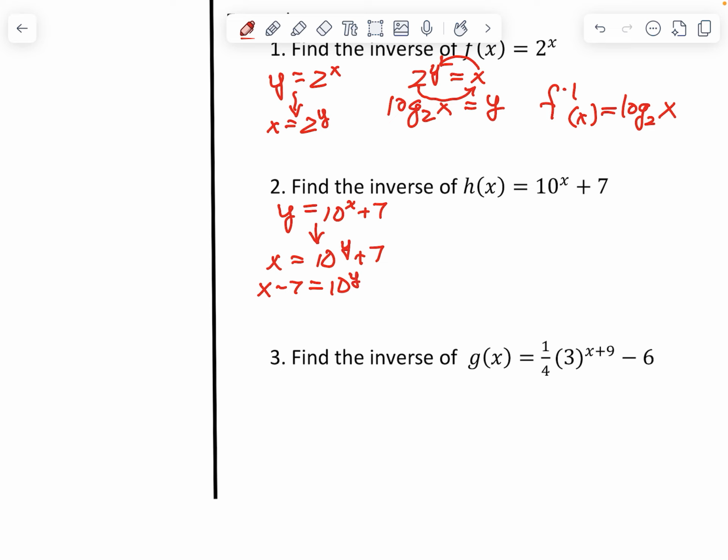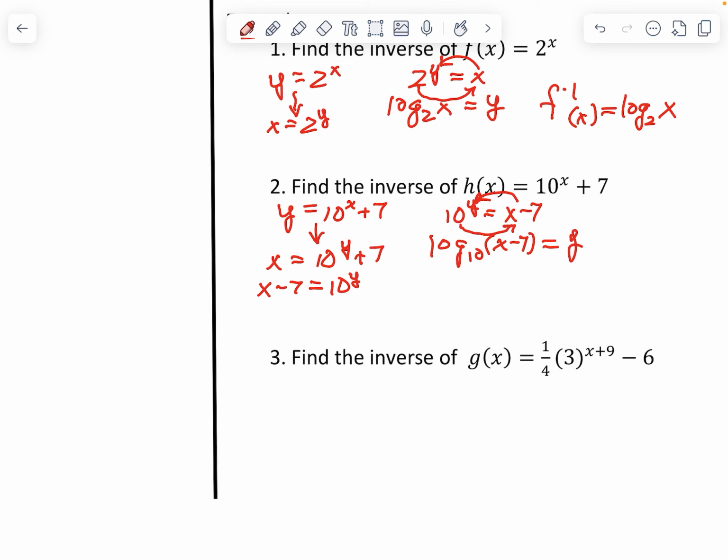Now I prefer writing the exponential on the left side, so 10 to the y equals x minus 7. And then we can say we're going to have log base 10 of x minus 7. I'll put that in parentheses because that whole thing is inside the logarithm, and then equals y.